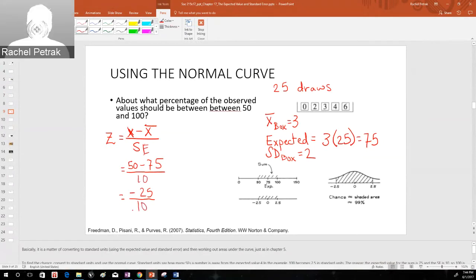Negative 25 divided by 10 equals the negative 2.5 you were interested in. If we did 100, we would take 100 minus 75. We'd end up with 25 over 10, and that gives us a positive 2.5.